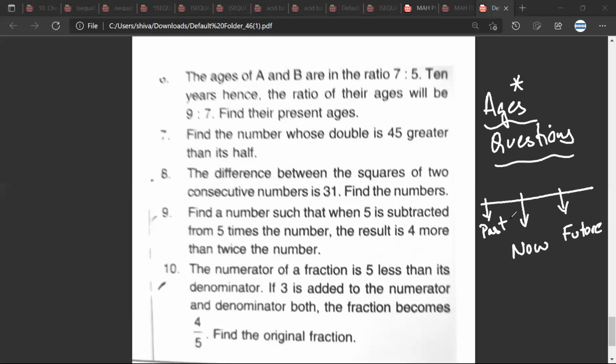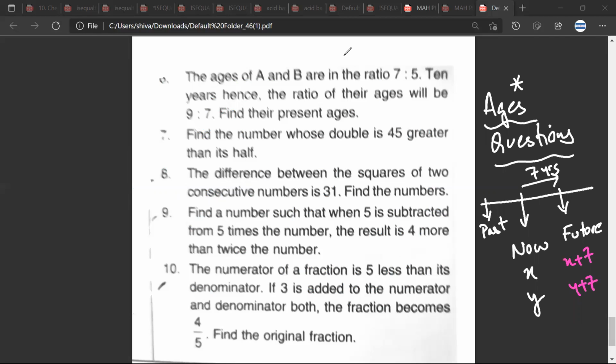Any doubt? No, sir. So for example, if the age now is x and y, let us assume 7 years hence, what would be the age? x plus 7 and y plus 7. Shabash.